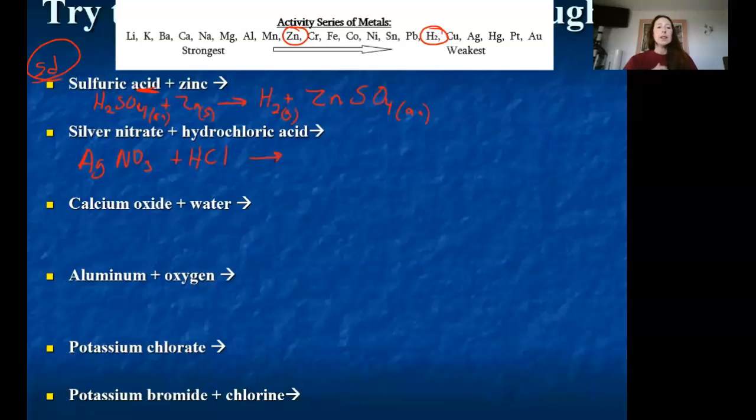Okay, so now this is a double displacement reaction, which we haven't really gone over how to do, but we've seen them. So remember, the key on double displacement, which we'll talk about today, is whoever is first always stays first. So Ag has to stay first. H has to stay first. The other two are going to switch places.